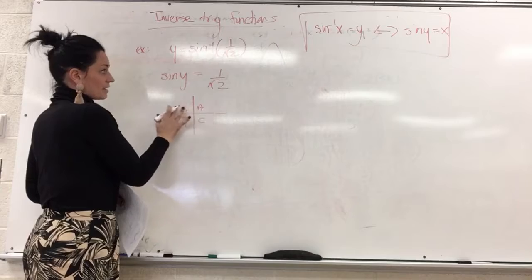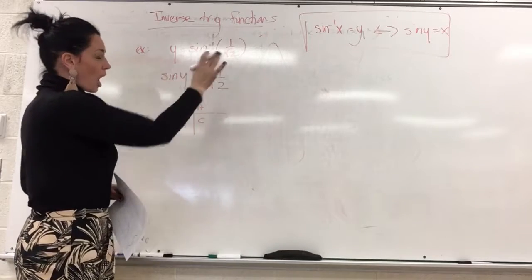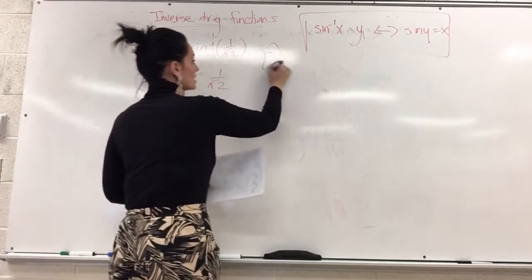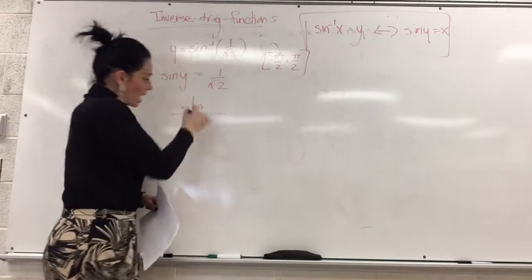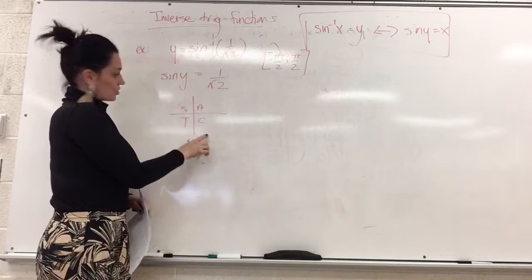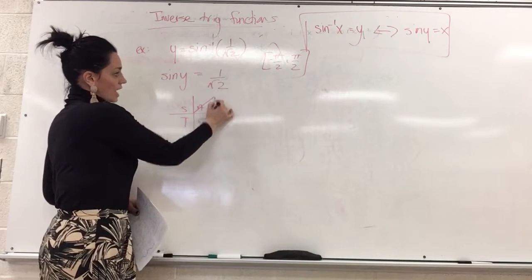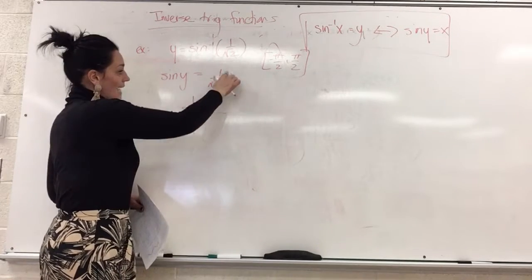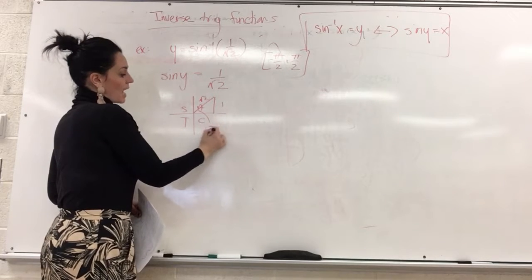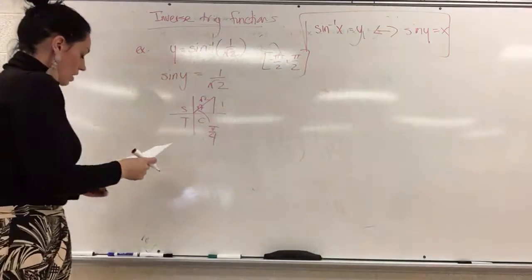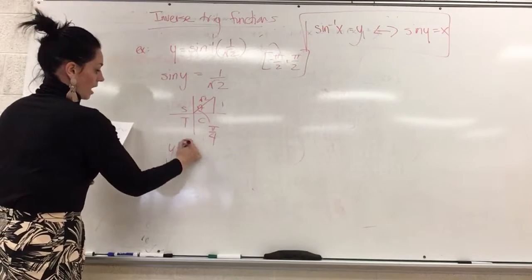So sine is positive here and here, but remember, I just restricted my domain to only exist between minus pi over 2 and pi over 2. So the only possible answers are in this quadrant. So I know for sure the answer has to be in this quadrant. And sine is y over r, so I know that this is a pi over 4 triangle. So y equals pi over 4.